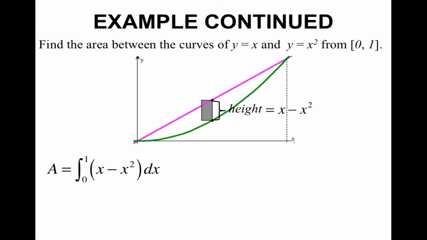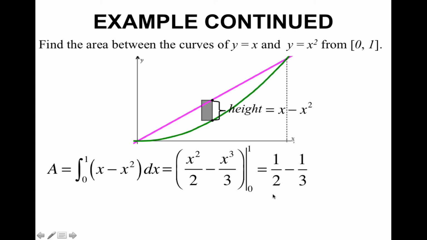Then I can use my integration techniques to do so. In this case, it's very simple, just undoing the power rule, adding 1 to the exponent, dividing by the new exponent, evaluating from 1 first, and then subtracting the value at 0. So you get 1/2 minus 1/3, which ends up being 1/6.